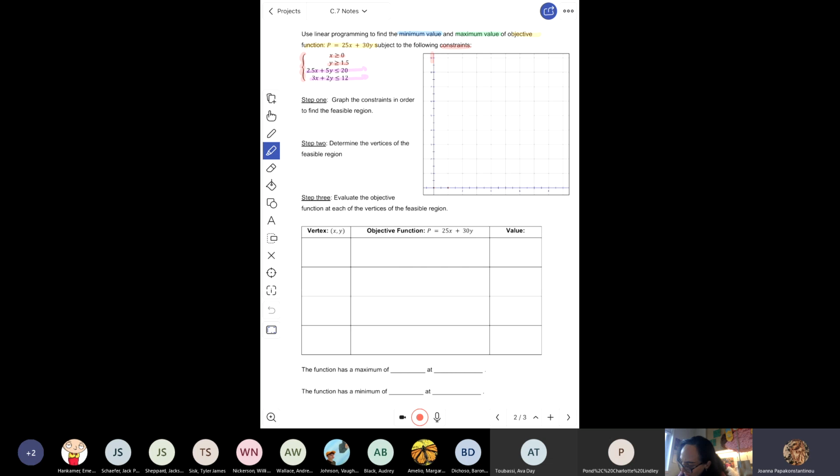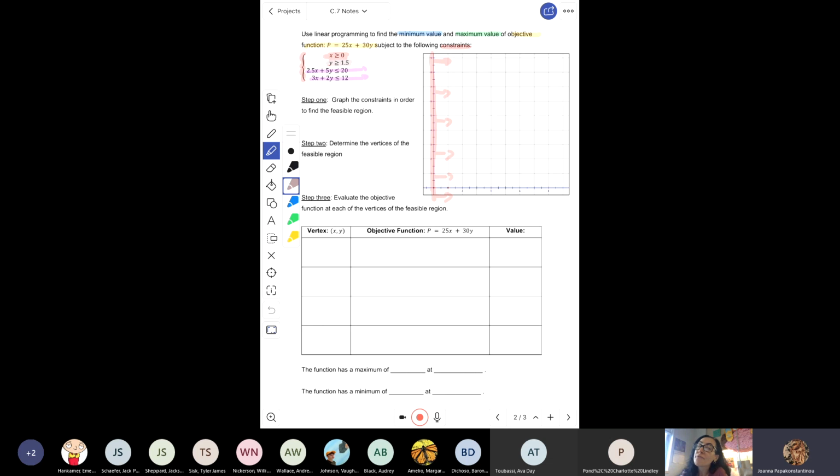Here I have my solid boundary line, and it's saying that x has to be any number greater than or equal to 0. So my first constraint gives me this. Remember, we can shade or we can write the arrows. It doesn't matter. The second constraint is y is greater than or equal to 1.5.